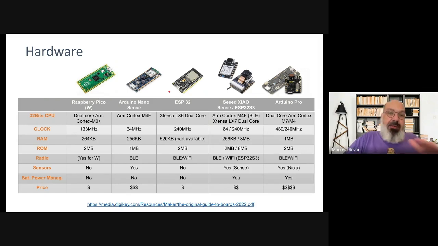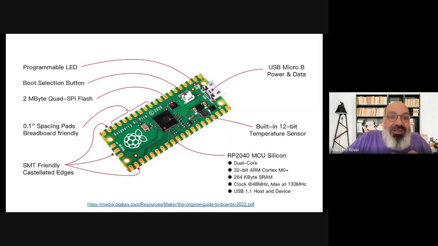So for example, this black square here is a microcontroller unit, or MCU. A microcontroller is a CPU plus memory, which could be RAM, the memory that you use while your program is running, and flash or ROM, the read-only memory where your program is stored.